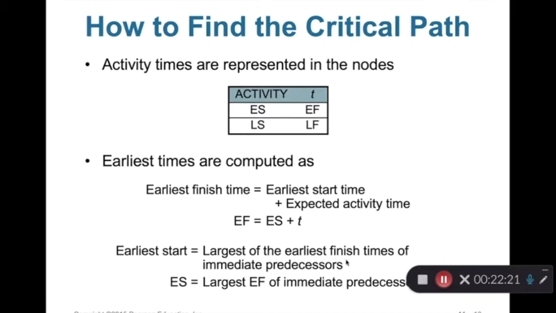We use this formula: the largest of the earliest finish times of immediate predecessors. The ES equals the largest EF of immediate predecessors. This rule is very, very important because later on we talk about the forward path. We're going to use the forward path to calculate ES and EF, so we're going to follow this rule.